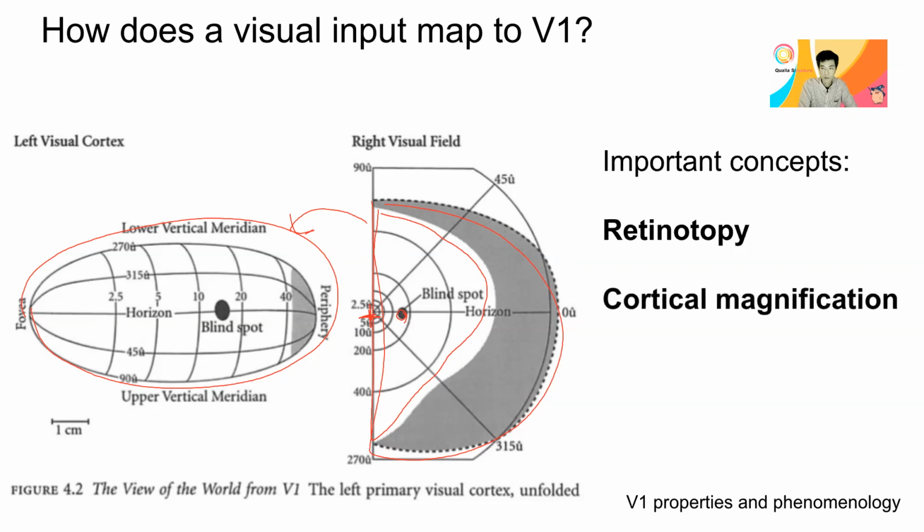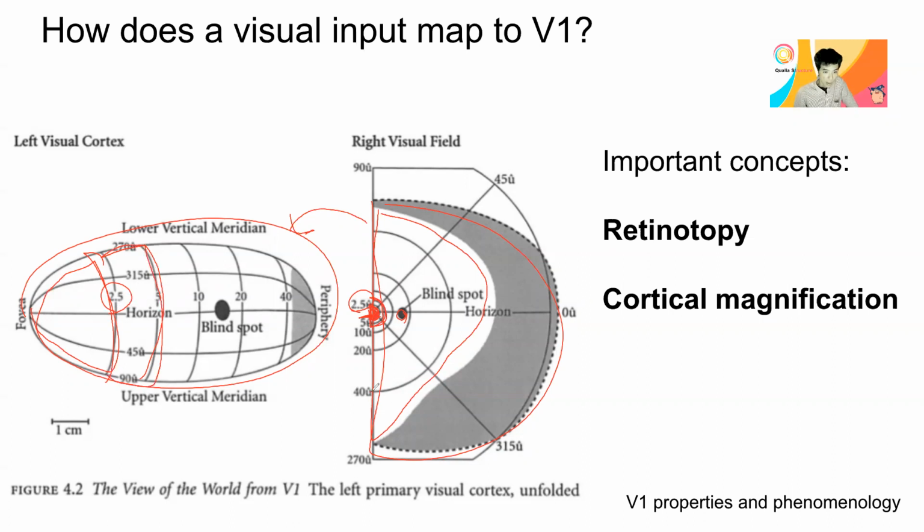And then another thing is cortical magnification. What you notice immediately from here is that something depicted as a very small circle or triangle here corresponds to a big extent here. That's up to 2.5 here, see? And then 5 degrees of visual angle occupies up to this point on V1 here.